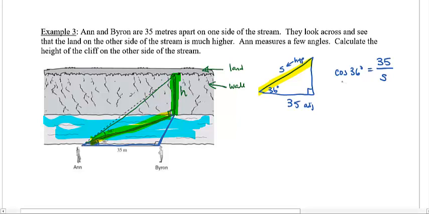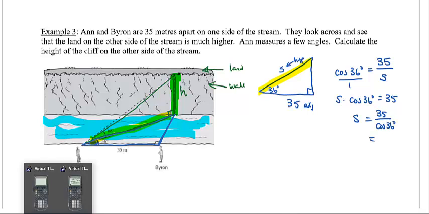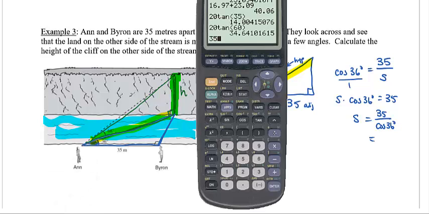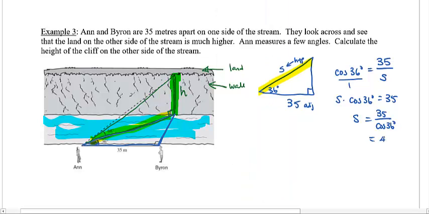So now we'll cross multiply. S times cosine of 36 degrees equals 35. S then equals 35 divided by cosine of 36. Calculator time. 35 divided by cos 36. And there you have it, 43.26. Cool. Now, why is that helpful?